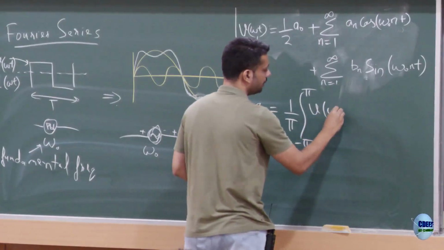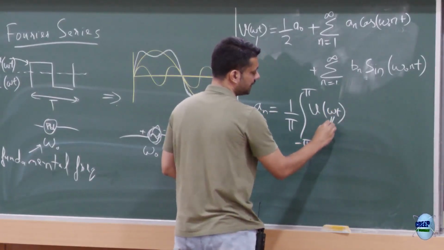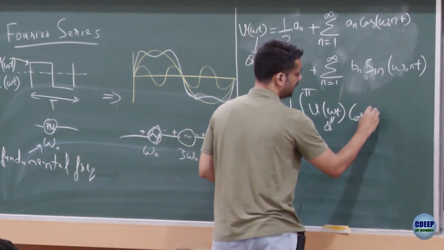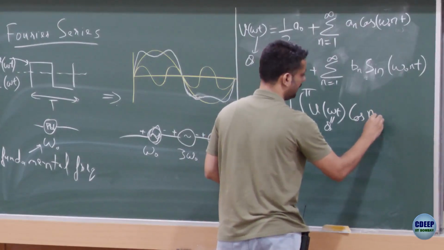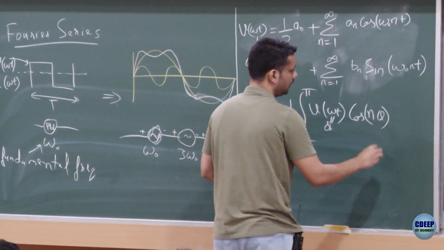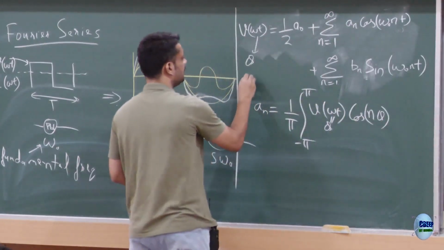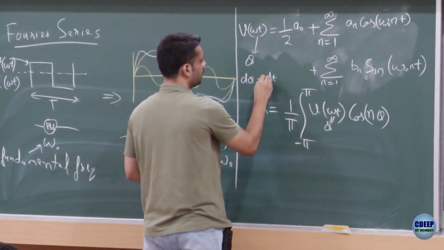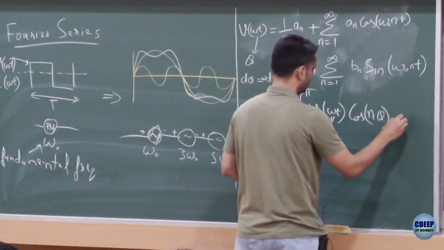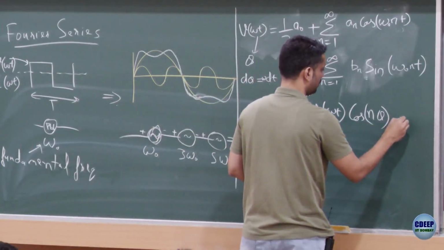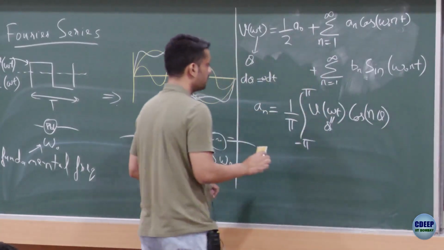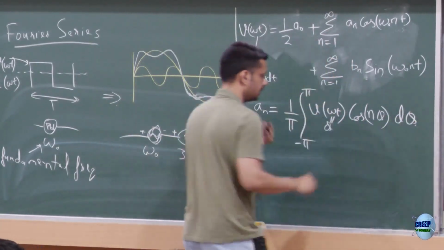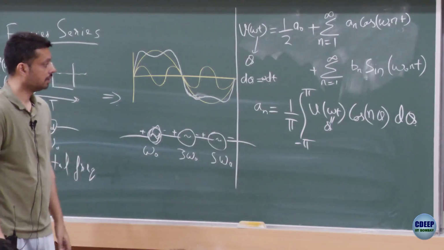So V of omega t, which I can represent as V of theta, into cos of n theta into dt. So d theta is equal to omega dt, so I can write dt is equal to d theta by omega. Sorry, one second, there's something wrong. D theta, yeah. Correct.